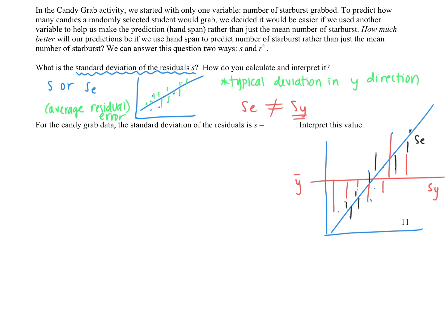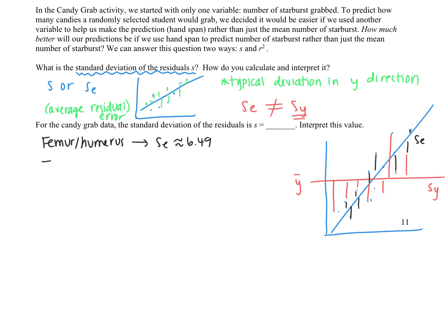Okay. So for the femur and humerus data, I don't know what the standard deviation was. I'm just going to tell you that SE is about 6.49. That's just what we're going to say. So the standard deviation, we need to put this in words. It is the typical deviation in the y direction from the line of best fit.